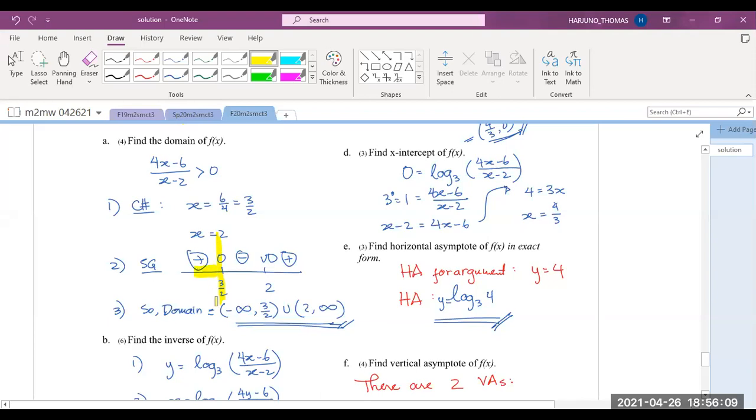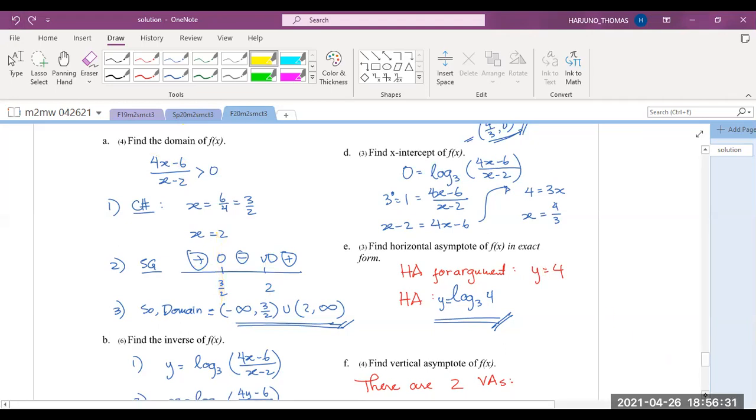So that's one vertical asymptote there. But you have another vertical asymptote here due to the argument, which is in rational form. So I think that's the last problem for this fall 20.